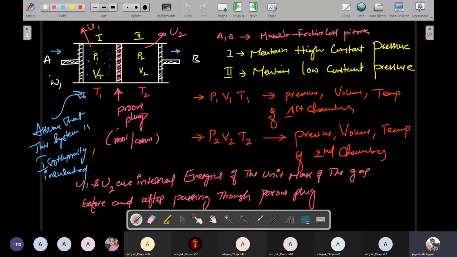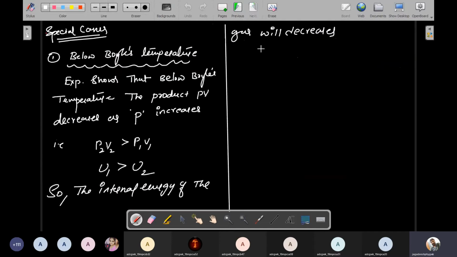Then definitely there is a pressure difference between these two chambers. Due to this pressure difference, P2 V2 is much greater than P1 V1 in the case of below boil temperature, and the internal energy U1 is greater than U2.